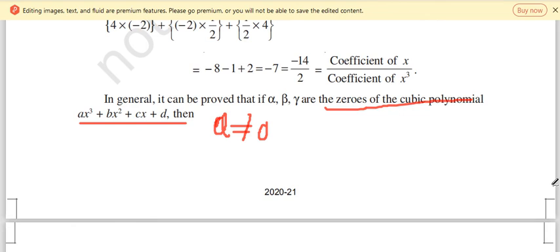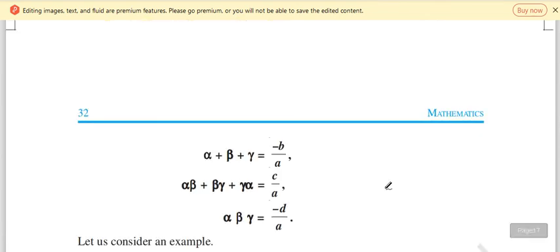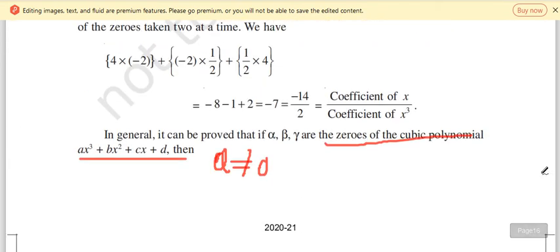Then alpha plus beta plus gamma equals minus b by a, meaning minus the coefficient of x square by the coefficient of x cube.